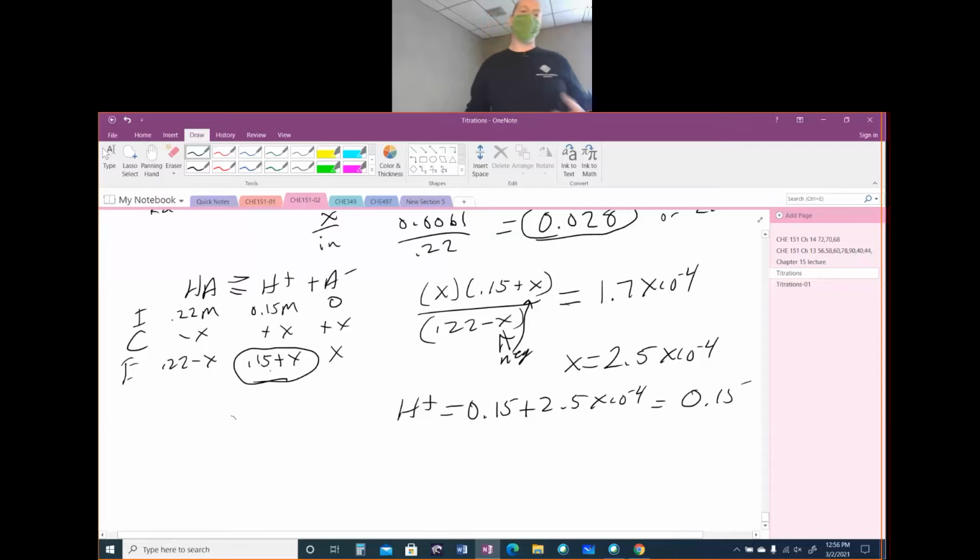Your x value is so small. Remember, when you have an initial concentration of a reactant and a product, your equilibrium concentration is exactly the same as it was in the initial. The amount that it changes is so small, it will not change that value. And so to get the pH, it's simply the negative log of 0.15, which is a pH of 0.82.